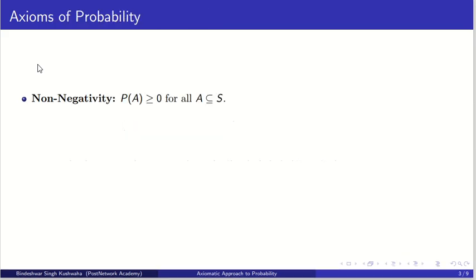The first one, non-negativity. That means P(A) is greater than or equal to 0 for all A that is a subset of S. Second one, normalization. That means P(S) is 1.